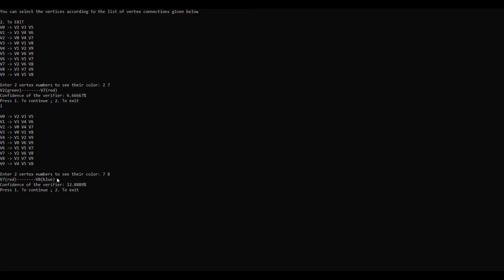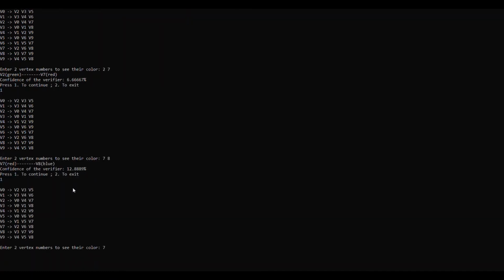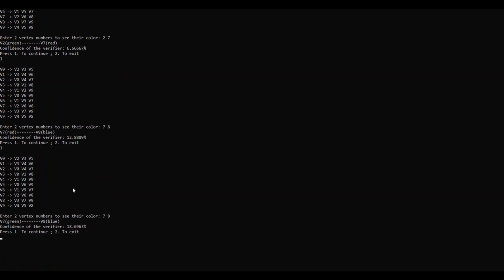Now, if we again choose the same vertices V7 and V8, it will give us different color. However, they are the same vertices, but the color is different.